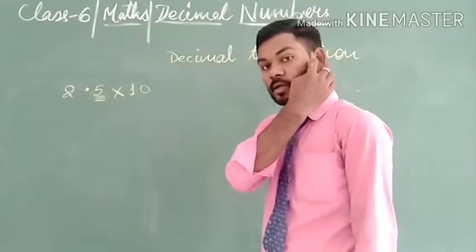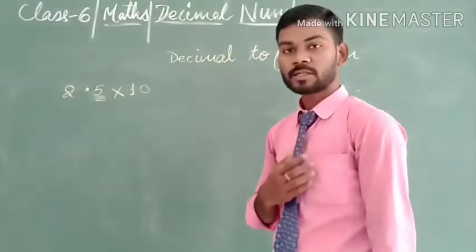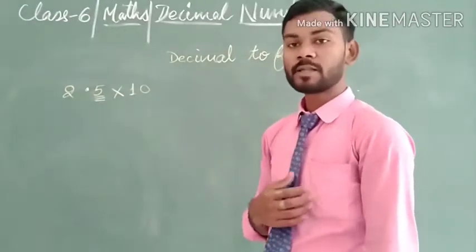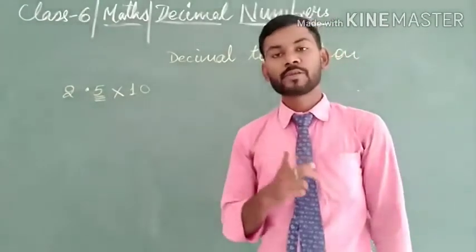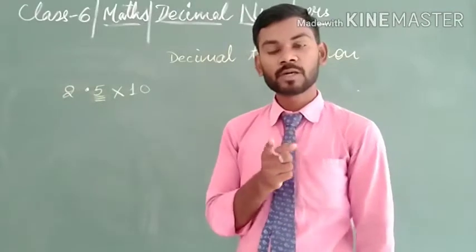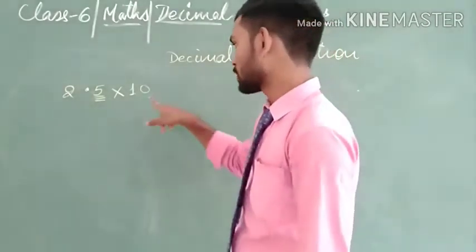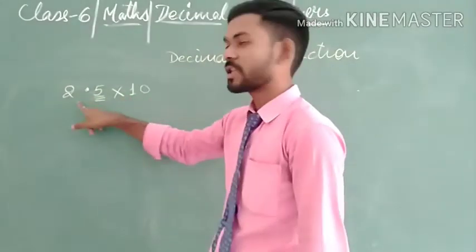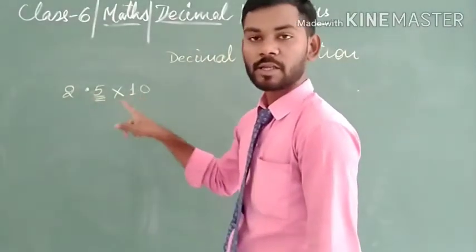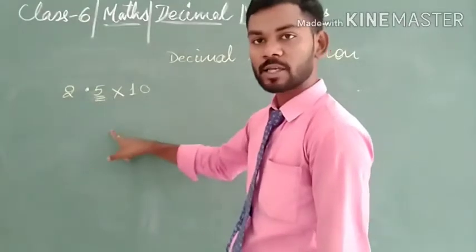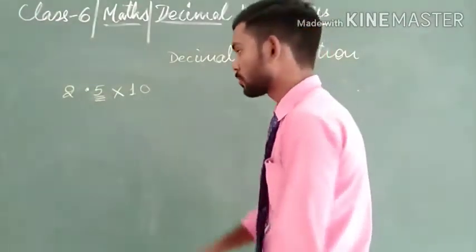But here there is a condition, and the condition is that if we multiply the decimal number by a number, then we have to divide the given number by the same number that we consider. So here we consider that we have to multiply the given number by 10. Therefore it is necessary to divide the given number by 10 also.